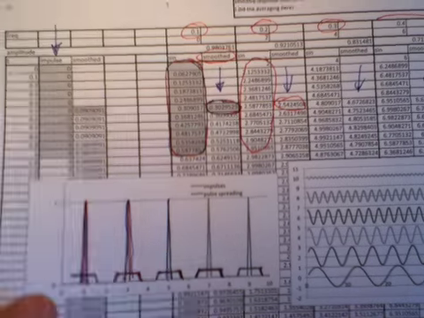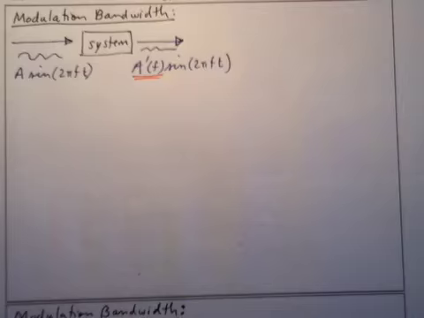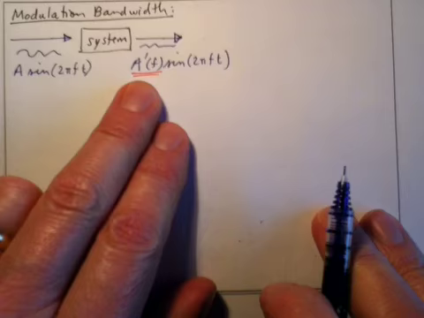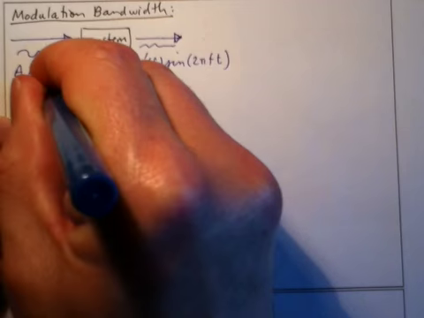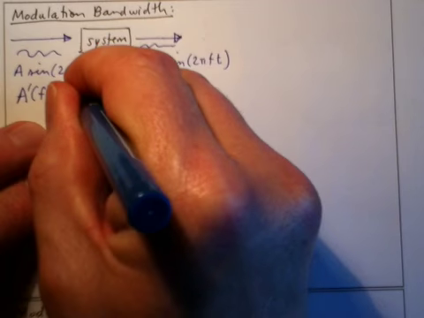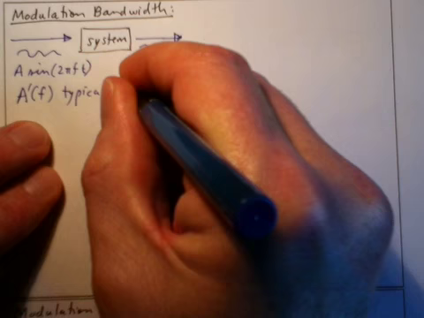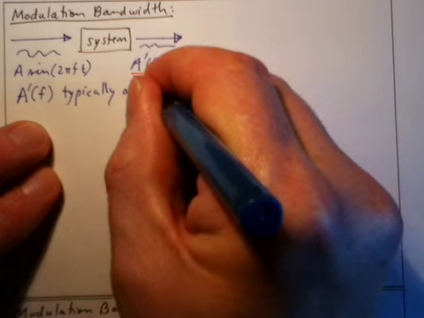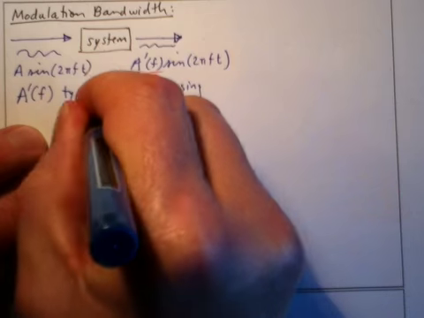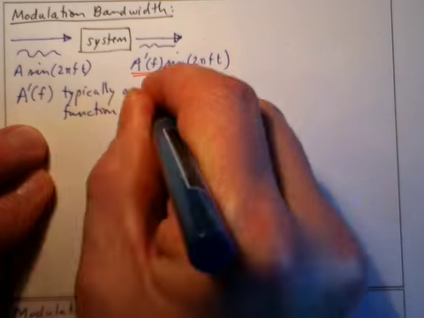So this spreadsheet's available, and it illustrates the fact that A prime of F is typically a decreasing function of F. Okay?